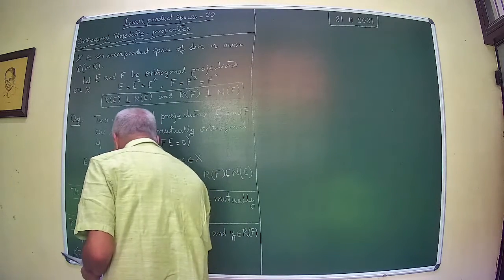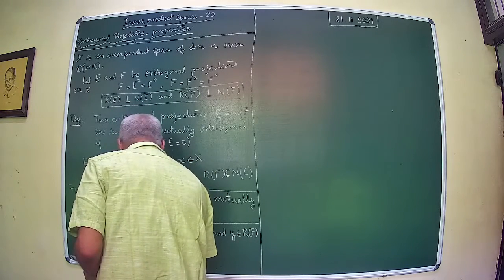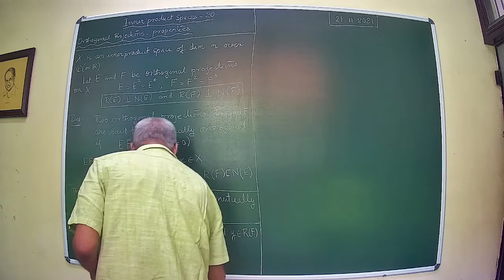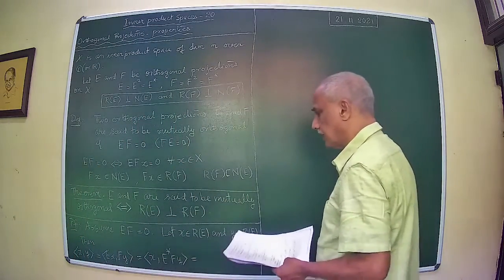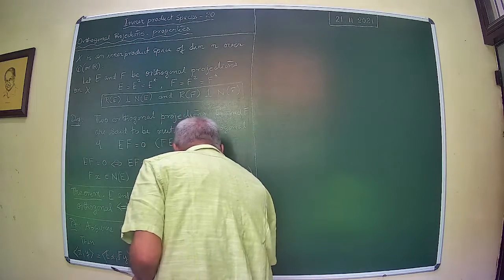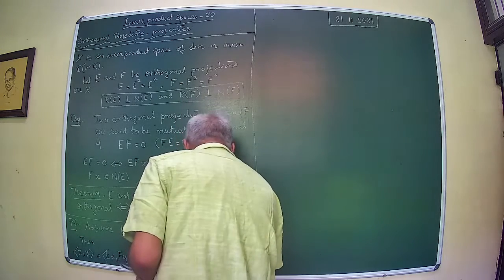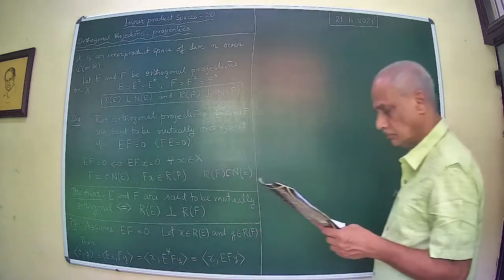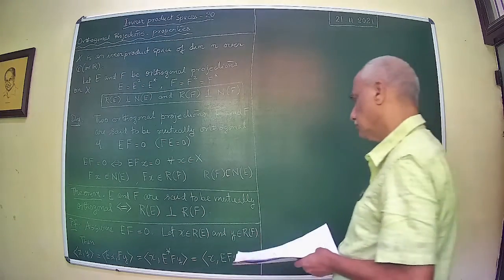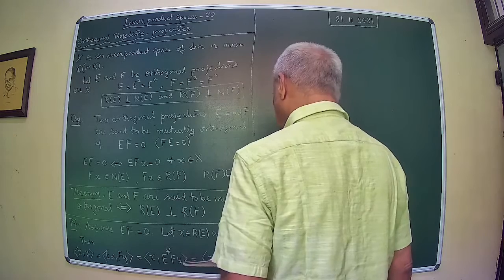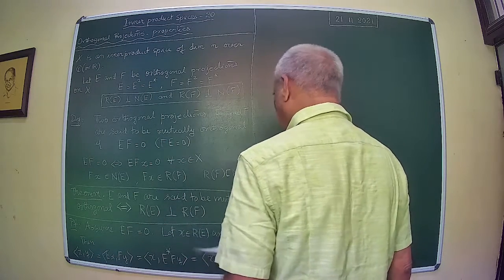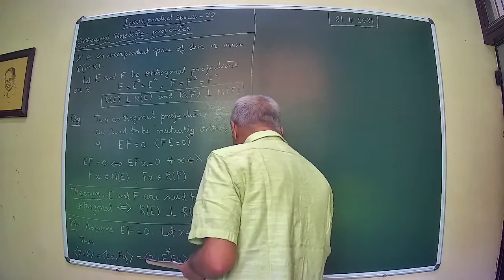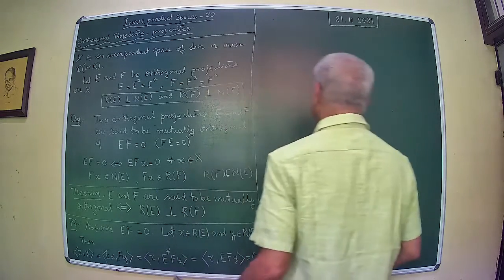Therefore this is equal to inner product of X with E star of FY, which is equal to, now E equal to E star, inner product of X with EFY. And EF is equal to 0, therefore this is equal to 0.